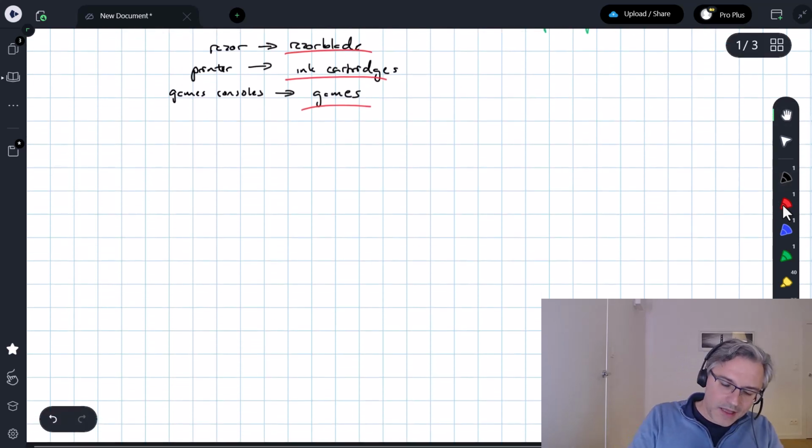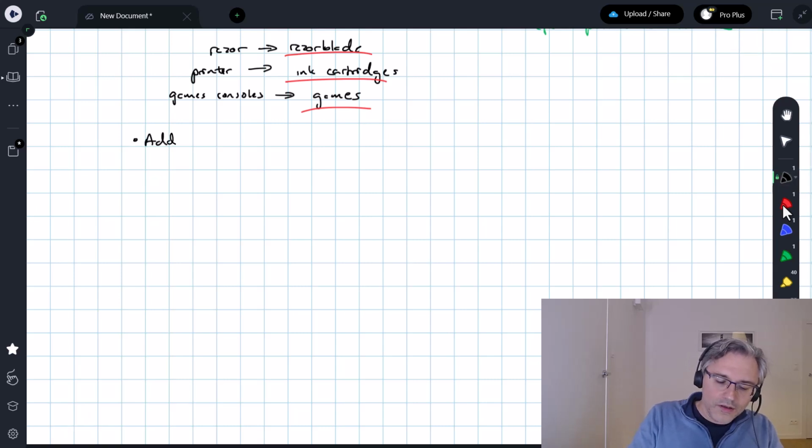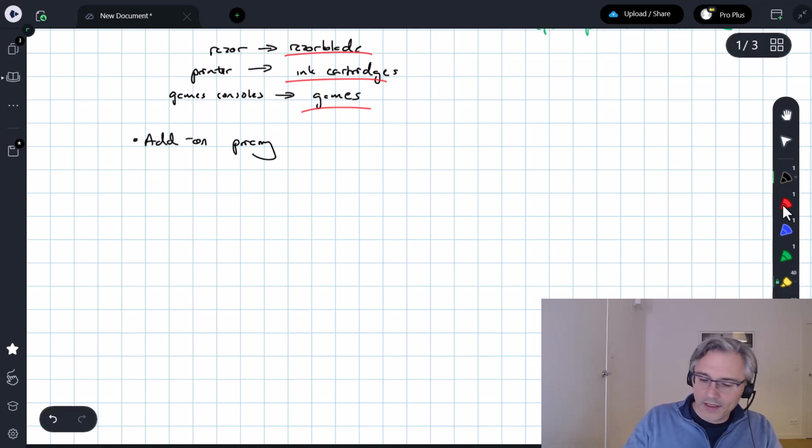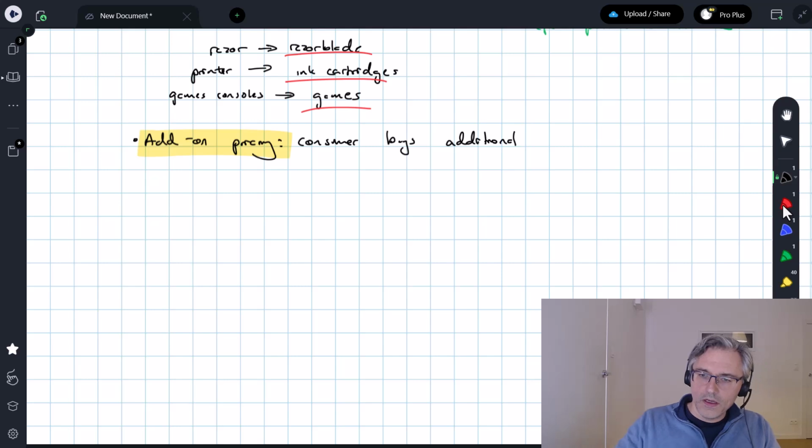Right, next one. Sorry, add-on pricing. So this is where the consumer buys some additional or optional services or products.